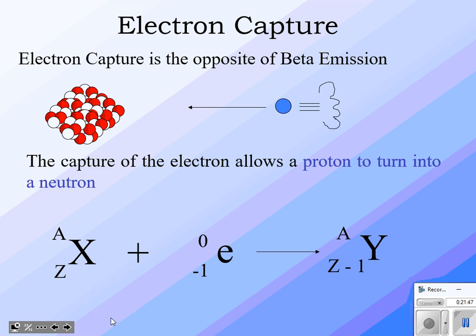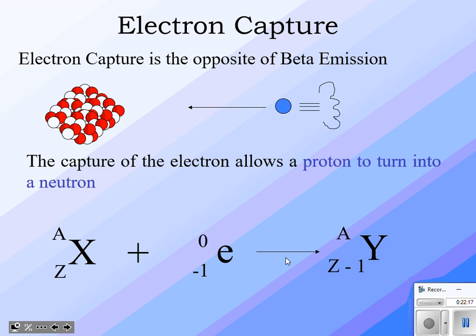So what I want you to do is notice, look at alpha decay, check. I want you to look at beta decay and electron capture. And I want you to notice where that electron is in terms of the yield sign, the arrow. In beta decay, what side of the arrow is the electron on?